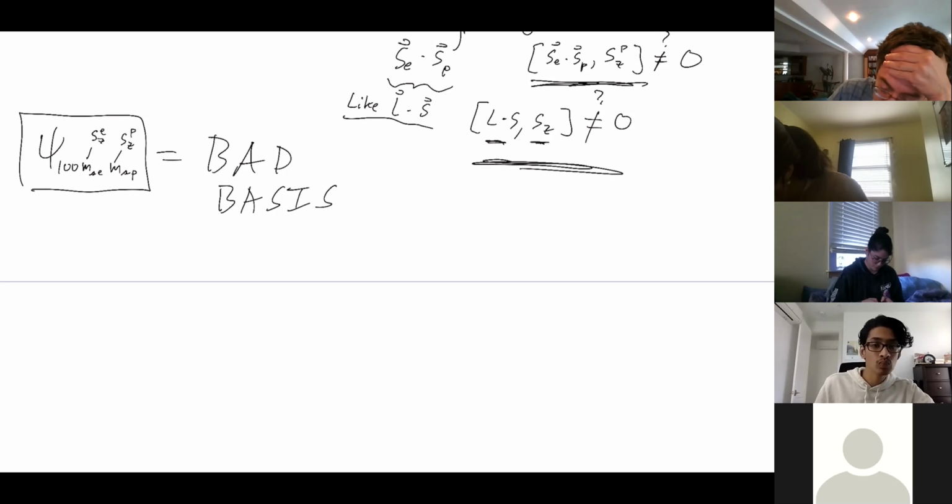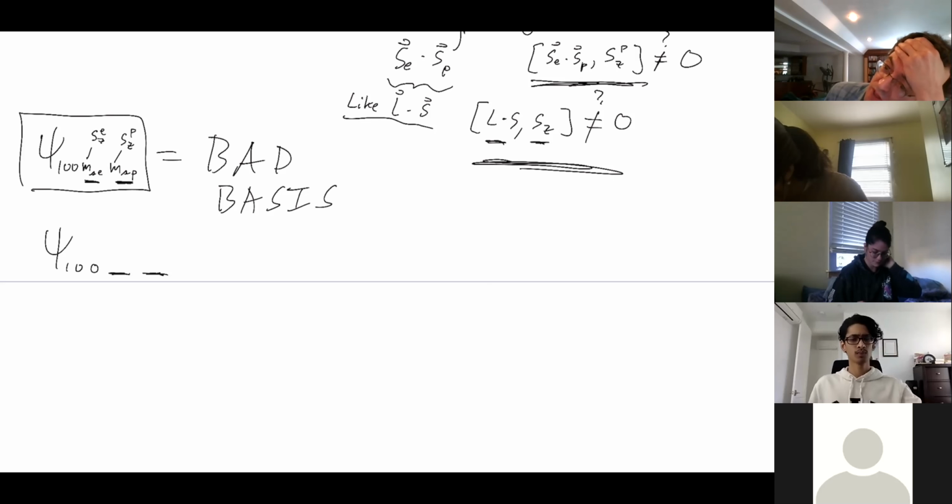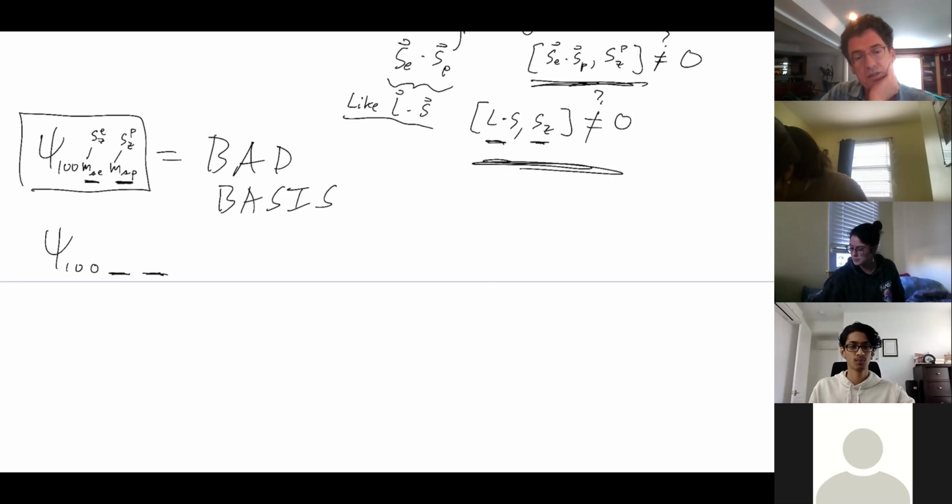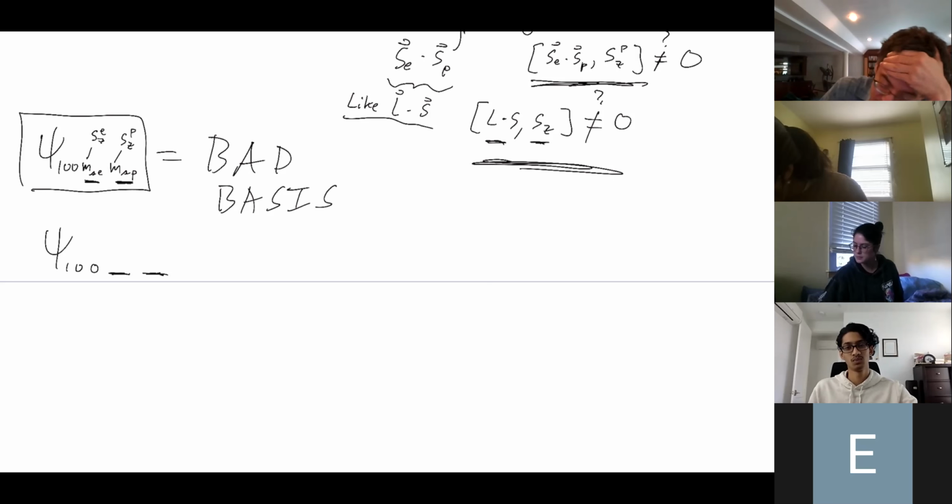It'll be psi 1, 0, 0, but now I'm going to replace these two quantum numbers with two different quantum numbers. What will they be? The combined angular momentum. Exactly right. S total.